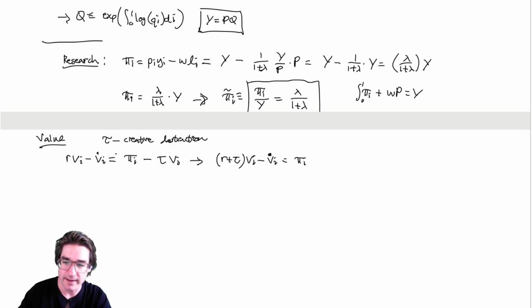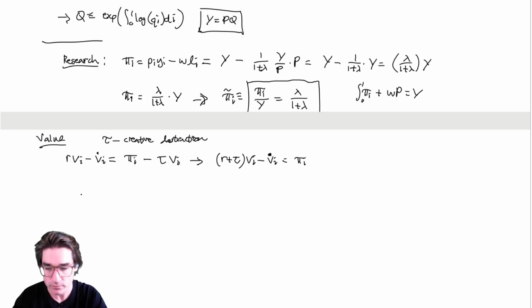So basically, if you think about deriving this from a discretized form, what's that going to look like? Let me just write V, instead of V_i, because we know they're going to be the same.